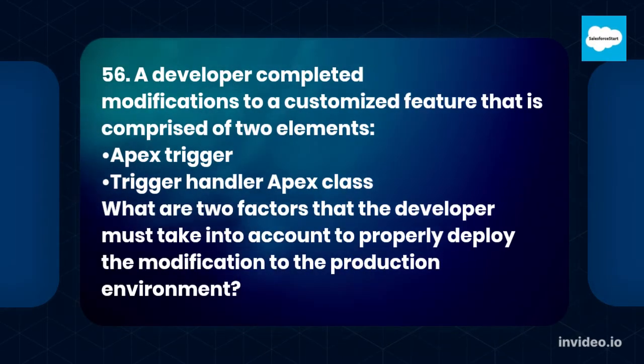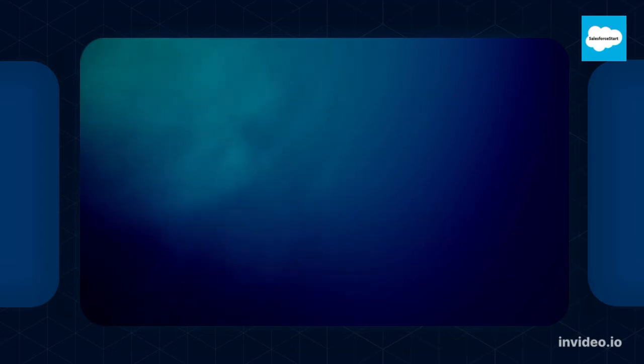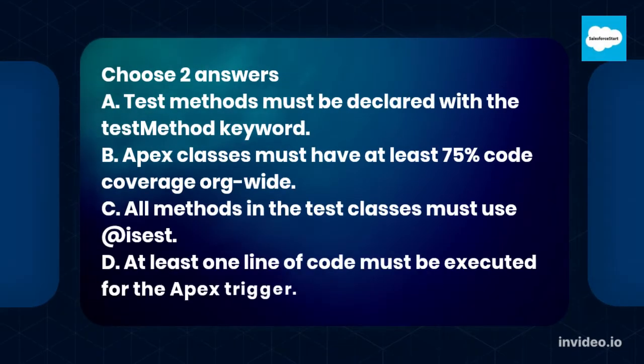56. A developer completed modifications to a customized feature that is comprised of two elements, an Apex trigger and a handler Apex class. What are two factors that the developer must take into account to properly deploy the modification to the production environment? Choose two answers. A. Test methods must be declared with the testMethod keyword.